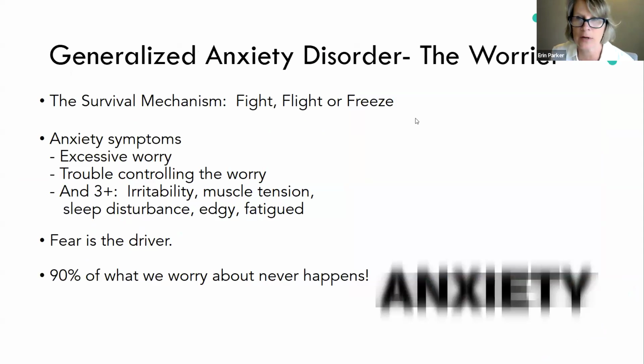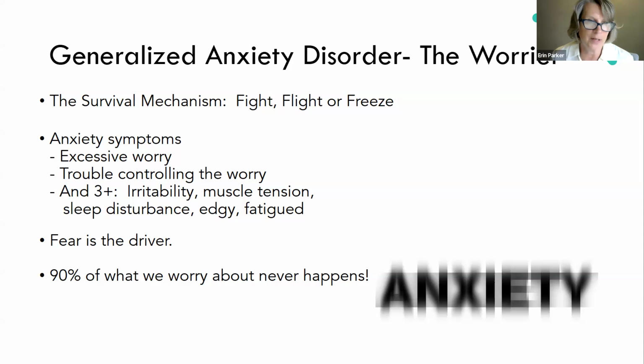Generalized anxiety disorder, the worrier. This kind of peaks that survival mechanism of fight, flight, or freeze. They have anxiety symptoms like excessive worry, trouble controlling the worry, and 3+ symptoms such as irritability, muscle tension, sleep disturbance, edgy or fatigued.